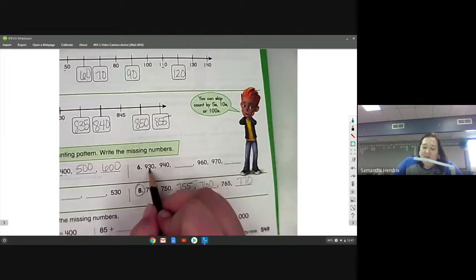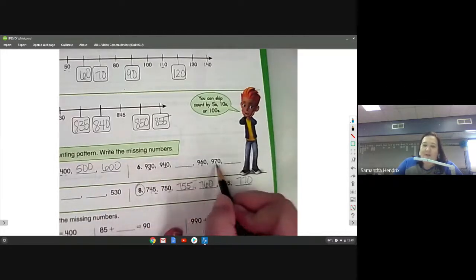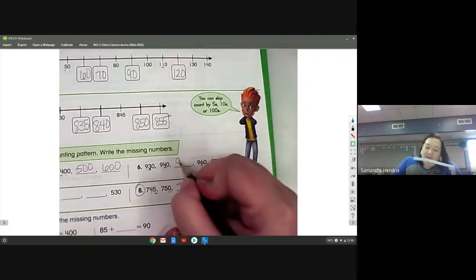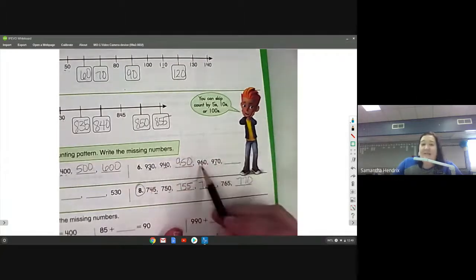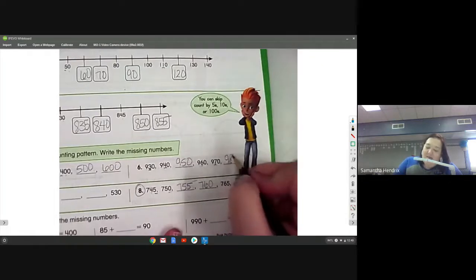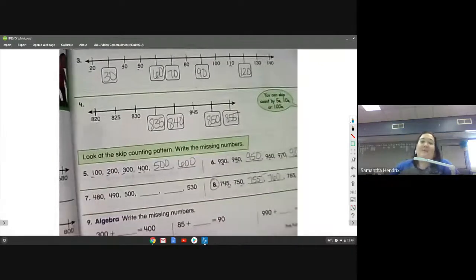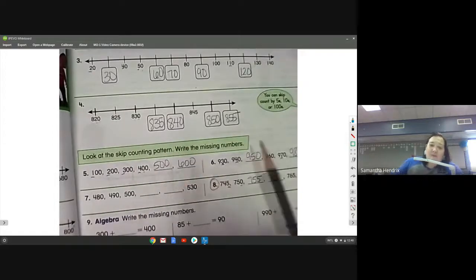Look at your tens. That's where our pattern is. Our tens are increasing by 1. So 930, 940, 950, 960, 970, 980. Okay? Make sure you have them. If you got one wrong, erase it and fix it. Okay? You can pause and do that.